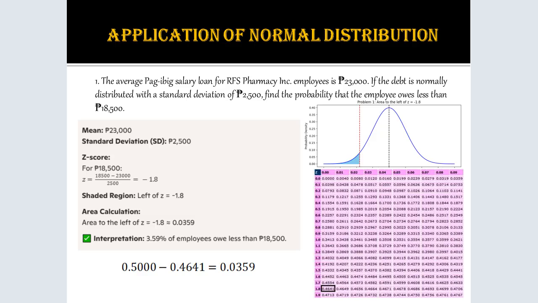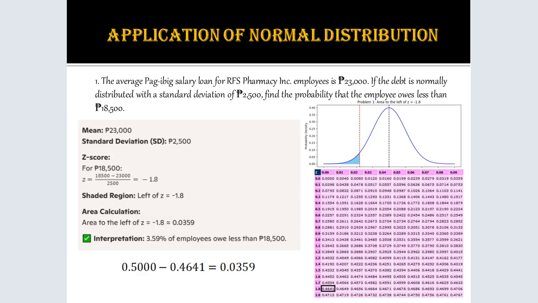Now, if we look at the z value of 1.8 in the z table, that will give us 0.4641. Take note, yung ating 0.4641 is from the 0 up to negative 1.8. Since kalahati yung buo nung nasa left side natin, we need to get the difference. So 0.5 minus 0.4641, that will give us 0.0359.